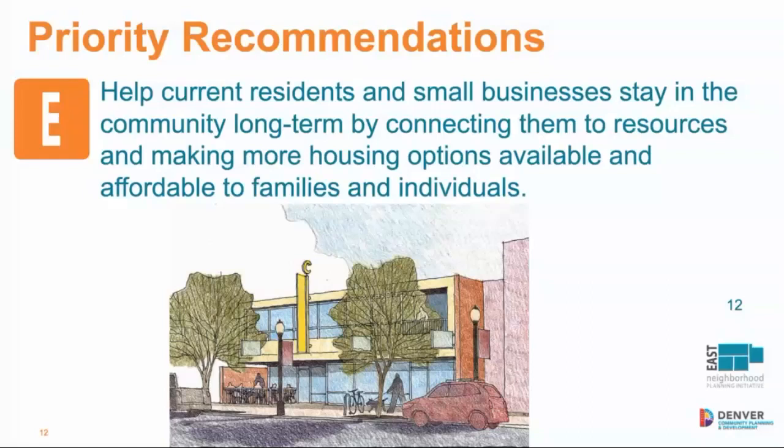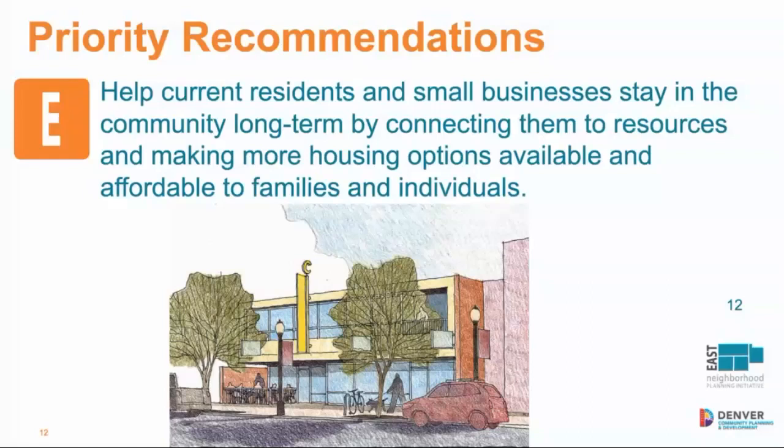And there's some specific recommendations that we go into on how we'll achieve this in the plan. One is to prioritize existing residents and existing small businesses, particularly locally owned independents and mom and pops, with resources to help them stay long term, whether that be finding them a more affordable place with new affordable housing coming online, or by connecting them to resources we may have to help small businesses.